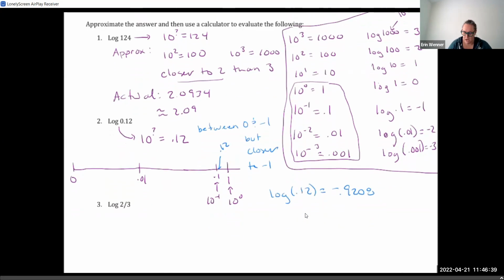So number 3 says log of 2/3. If you were to put this into your calculator, you're going to do log of 2 divided by 3, having that in parentheses. Now, remember what we're saying is 10 to what power equals 2/3?